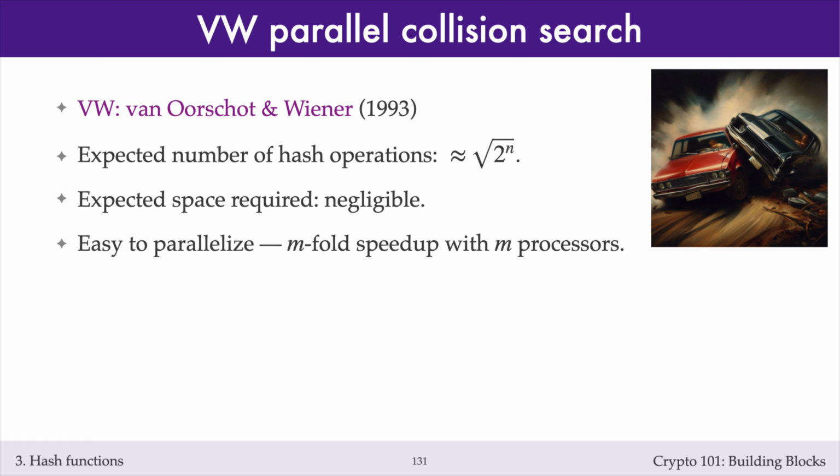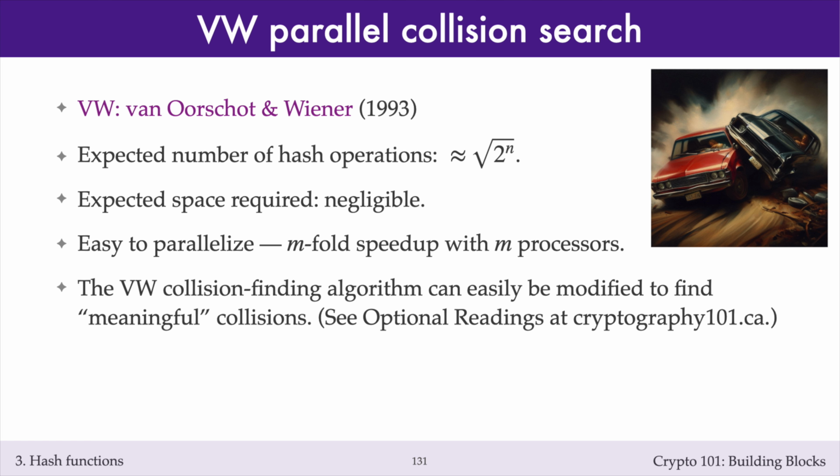Moreover, the attack is very easy to parallelize, and so if you had m processors available, you would get an m-fold speedup in the running time. I should mention that the VW attack finds a random pair of n-bit messages with the same hash value. It might appear that such a collision is useless in practice.